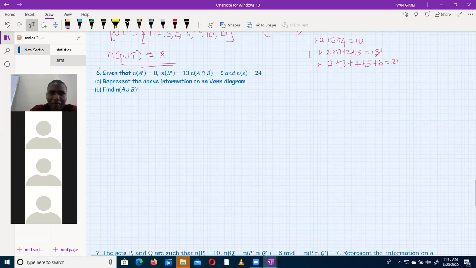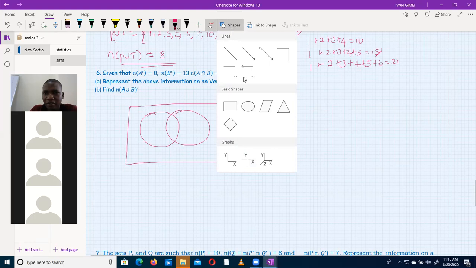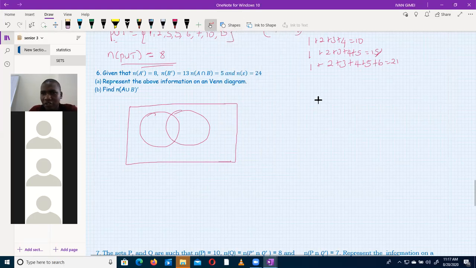So our Venn diagram here, we are dealing with 2 sets. Something like that. So our universal set, I can instead use shapes if that is not coming out well. I can use shapes like this.